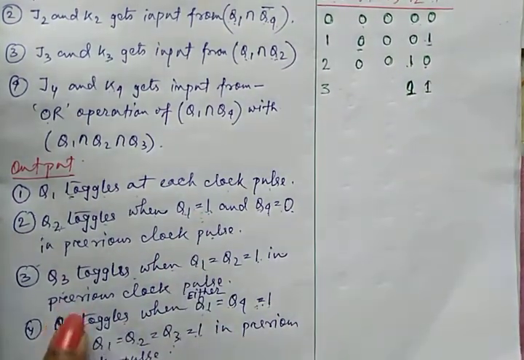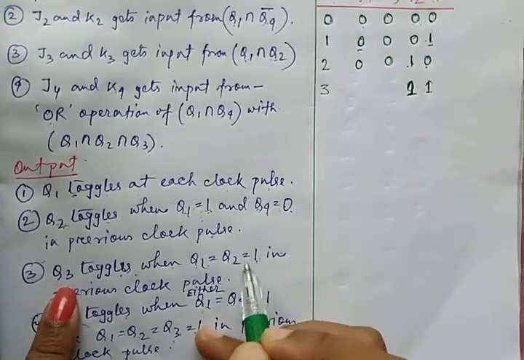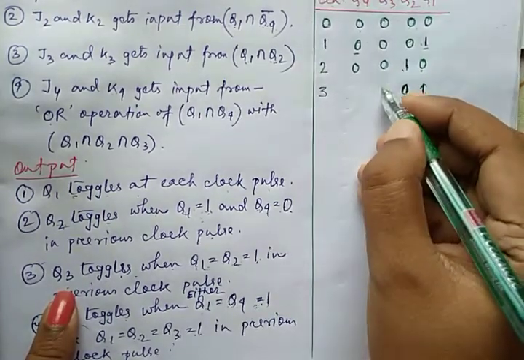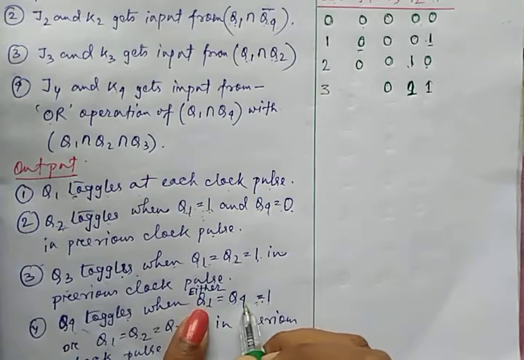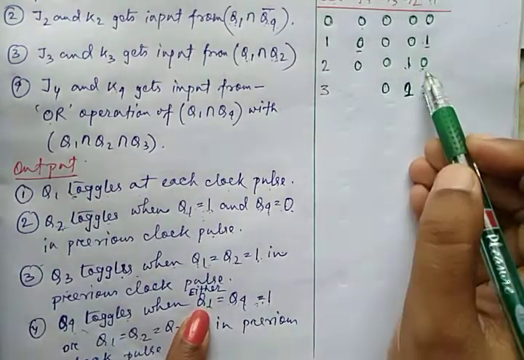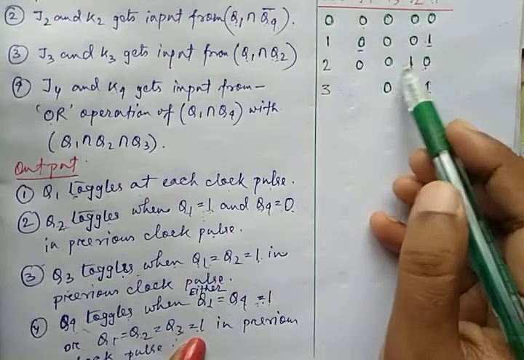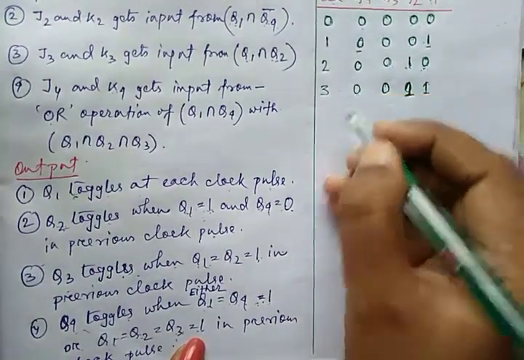Q3 toggles when Q1 and Q2 are 1. Q1 and Q2 were not both 1, so it will not change. Q4 toggles when Q1 and Q4 are 1, but they were not both 1, or when Q1, Q2, Q3 are 1, but they were not all 1, so this will also not change.